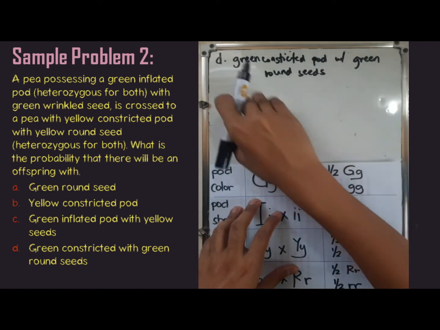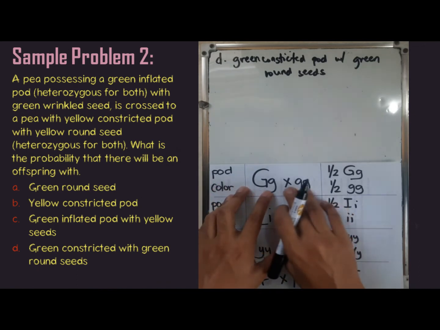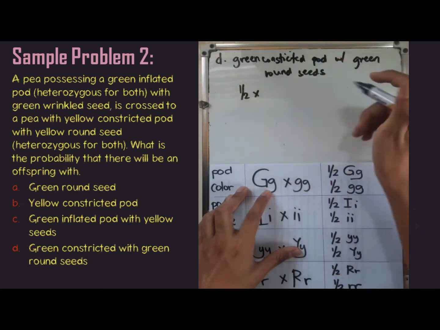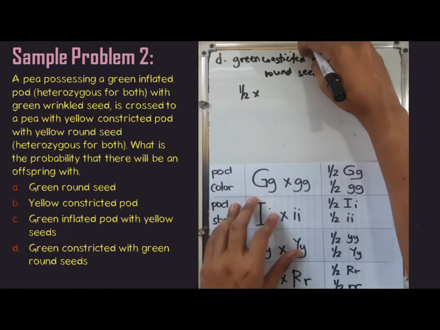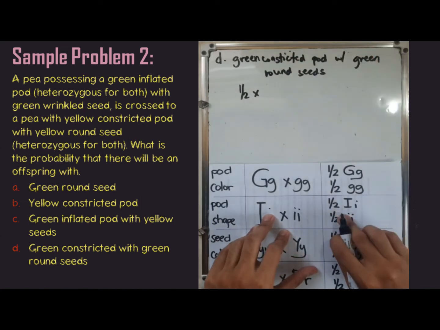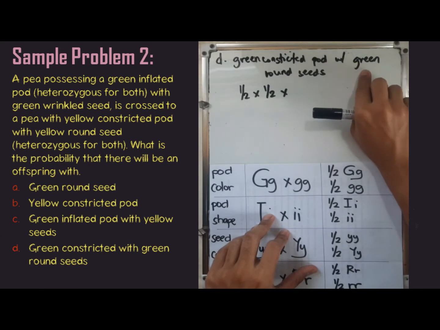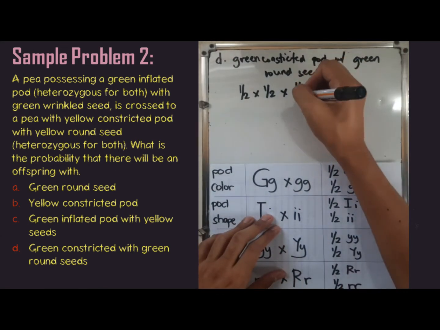We can determine here that the presence of the green pod color is equivalent to 1/2. Then we're going to multiply this with the probability that they will possess a constricted pod offspring, which is equivalent to 1/2 as well. Then, the third trait, green seeds, is equivalent to 1/2 as well.